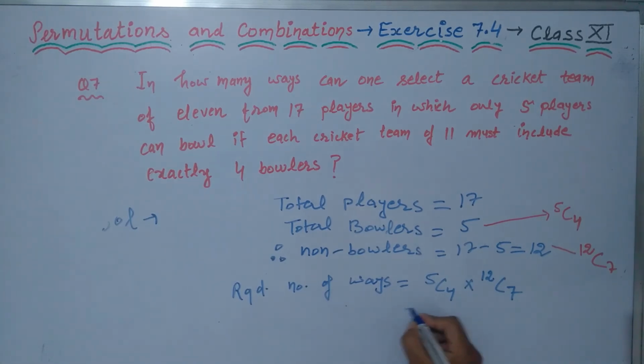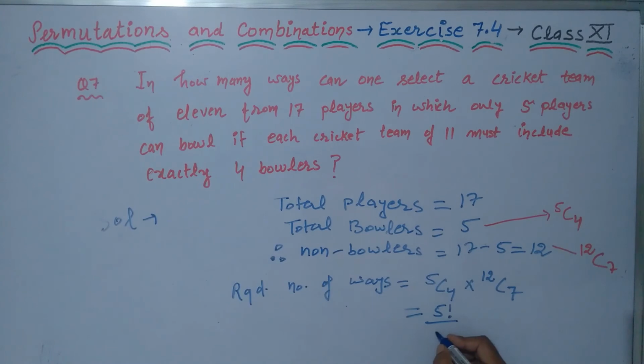So solving this now, 5 factorial upon 5 minus 4, 1 factorial into 4 factorial, into 12 factorial divided by 12 minus 7, 5 factorial into 7 factorial, right? So first of all, 5 factorial cancelled.